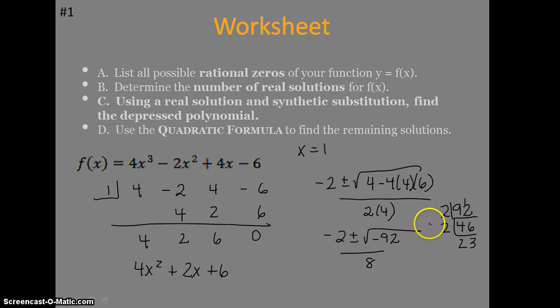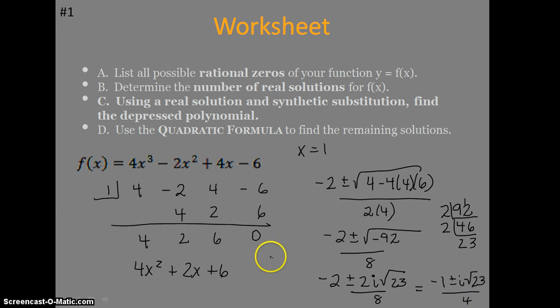So with that negative and also this prime factorization, I can have negative 2 plus or minus 2i root 23 all over 8. And we're almost done. They'll each decrease, or factor out a 2, so I would have negative 1 plus or minus i root 23 all over 4.